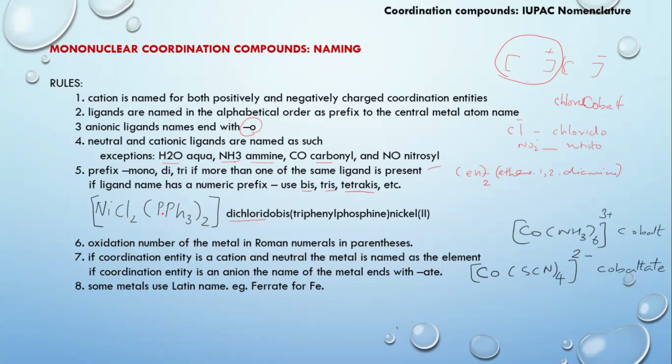C is coming before P. Therefore, we begin with dichlorido, bis triphenyl phosphine, because there is a tri term here. So we are not using tri because it will make the naming a bit difficult to follow. So we use bis triphenyl phosphine, where bis means 2. Dichloridobis(triphenylphosphine)nickel(II).